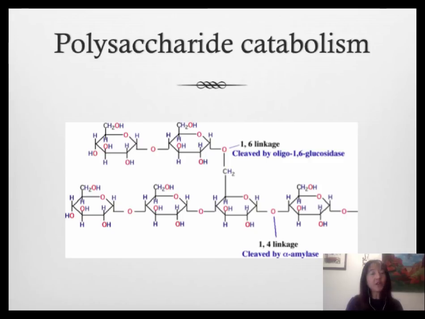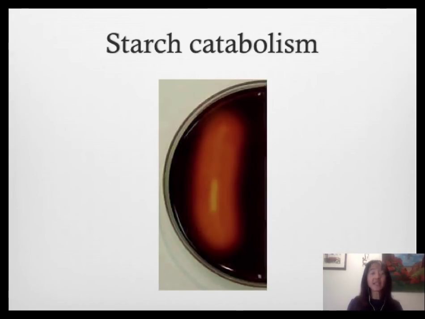So not only are starches catabolized by us, but of course they're also catabolized by bacteria. So one of the ways in which we very commonly differentiate bacteria is by looking for their ability to digest starches.